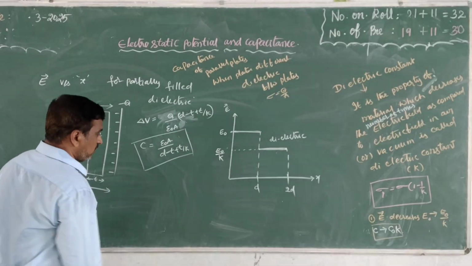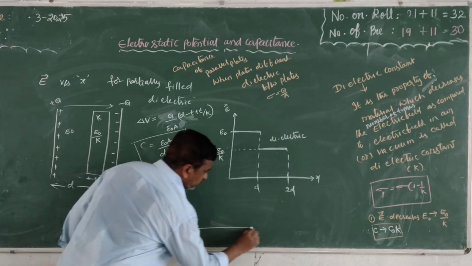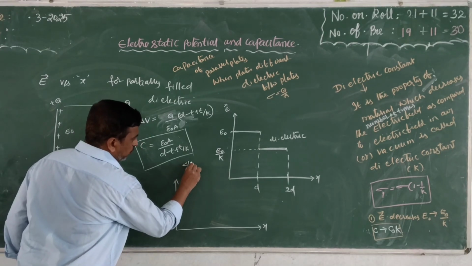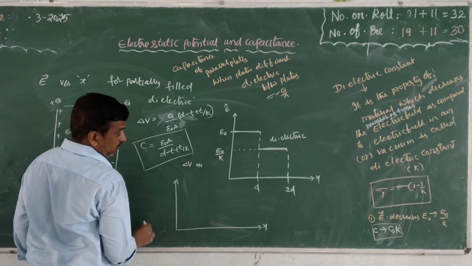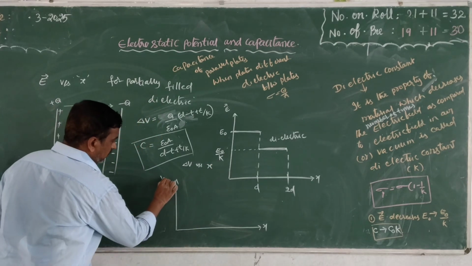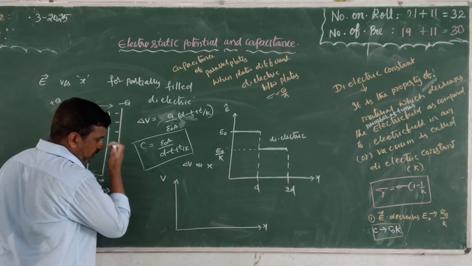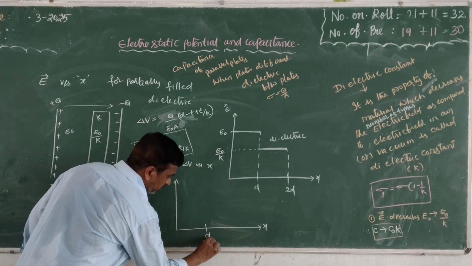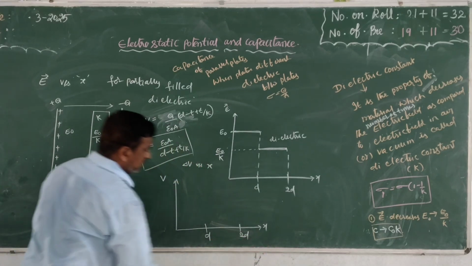Now potential versus distance x. On the y axis is potential, on the x axis distance. Here D, here 2D. Delta V equals E naught.